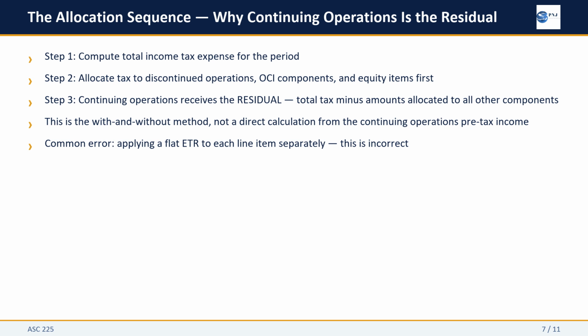Then allocate the tax effects to discontinued operations, OCI items, and equity items, each based on their own facts. Whatever is left over, the residual, flows to continuing operations. This is called the with and without method. Applying a flat rate to each line item independently produces incorrect allocation and must be avoided.